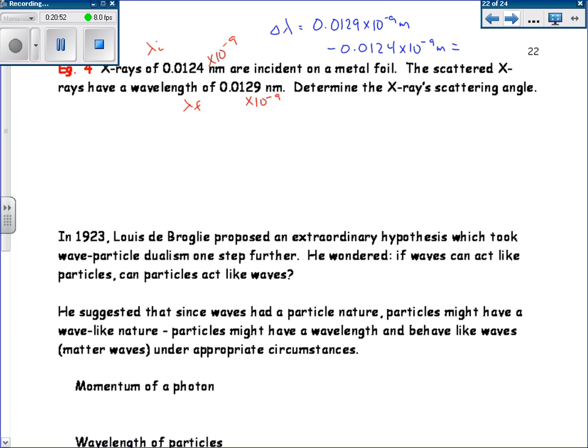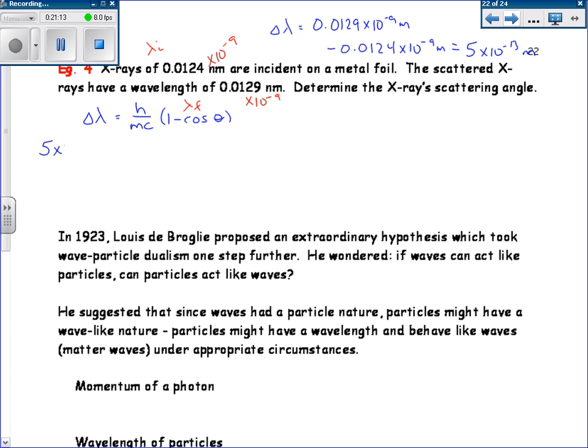So that's 5 times 10 to the negative 13 meters. Okay, and that'll just help us a little bit. So then we have delta lambda is equal to h over mc times 1 minus cos theta. Let's plug some numbers in here and then maybe do some rearranging.